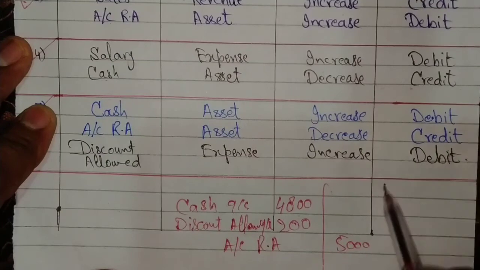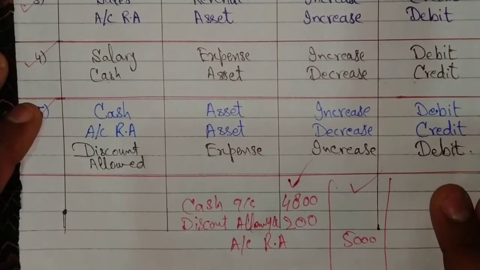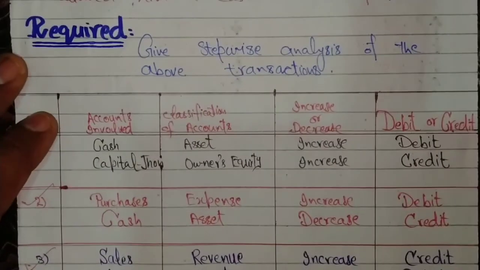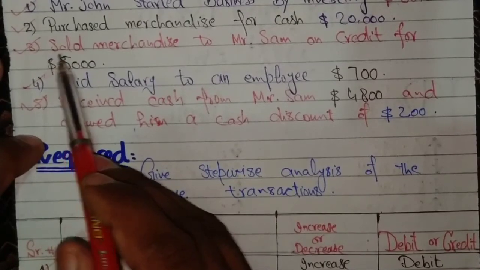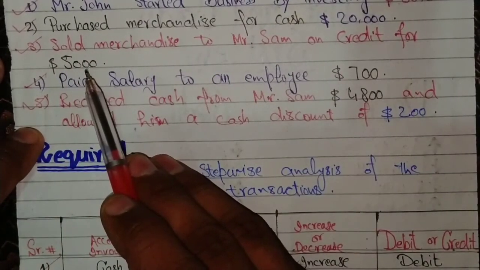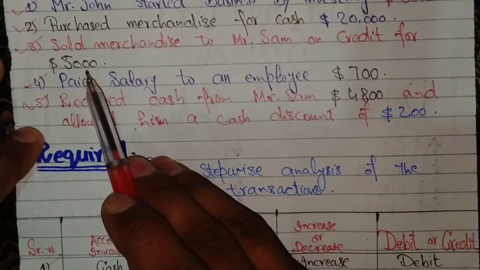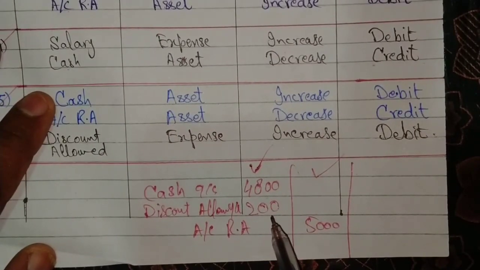Both sides are equal with the debit and credit. Recall the referenced entry of this transaction is number 3. Sold merchandise to Mr. Sam on credit for $5,000. The actual amount of selling goods is $5,000. Now $200 discount allowed or discount given by the business to Mr. Sam.